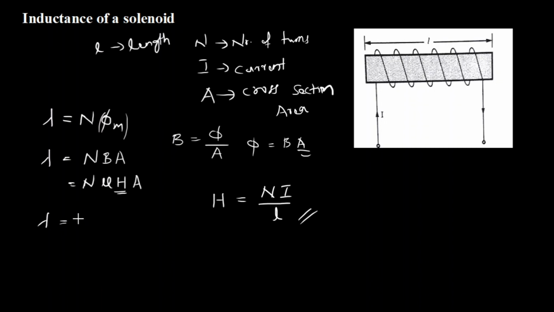Lambda becomes N mu times N I divided by L, into A. Now I have two N's here, so combining them I get N square mu I A by L. This is my lambda.